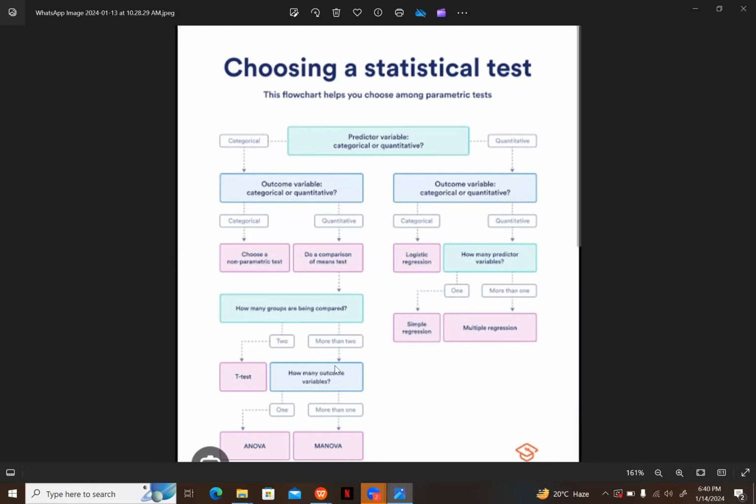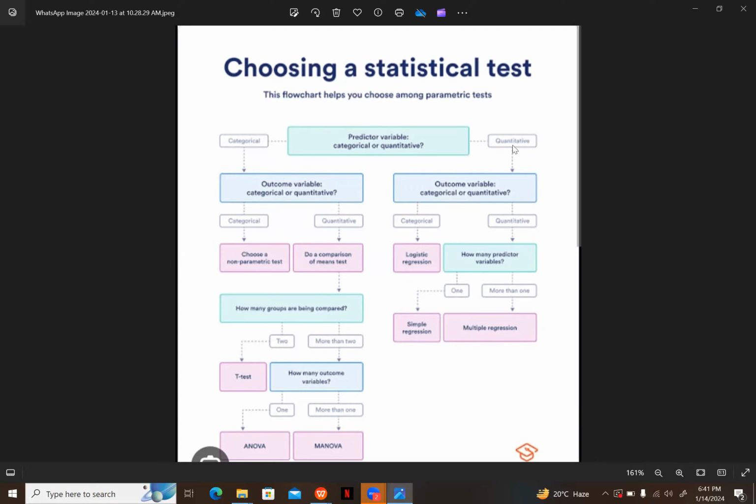So this is basically all in the book, but it makes things easier. If you just follow this flow chart, you can easily select the test for the analysis. This is the statistical parametric test.